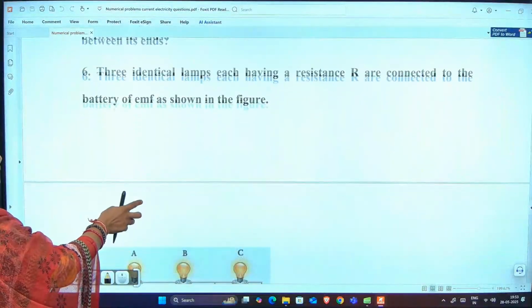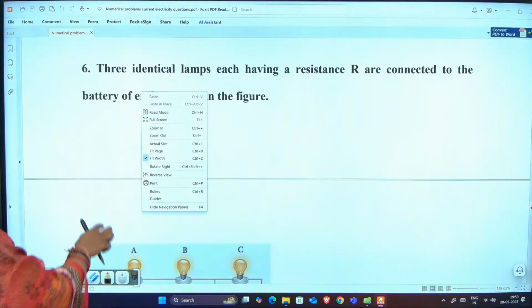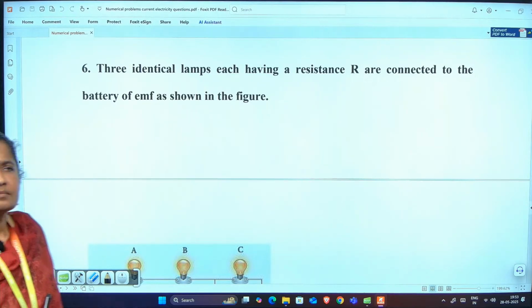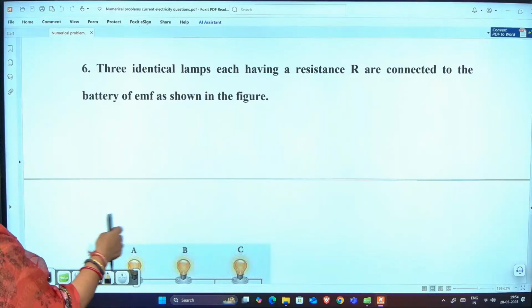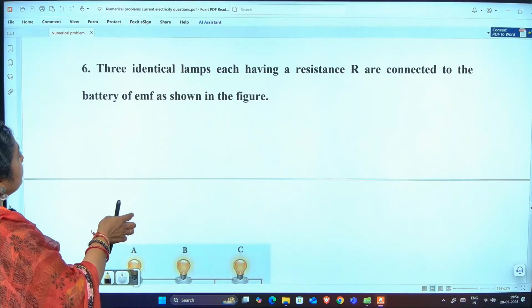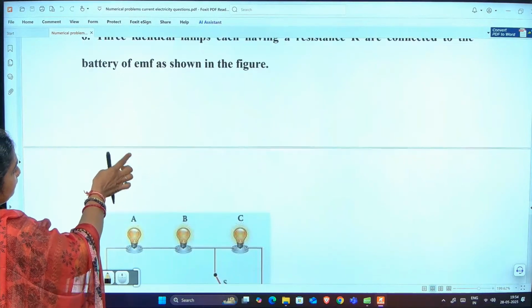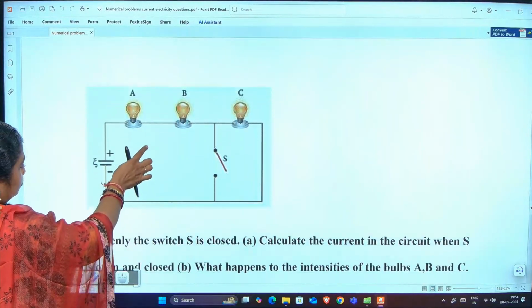Now, next question. 3 identical lamps, each having a resistance R, are connected to a battery of EMF as shown in the diagram. Now note the diagram.